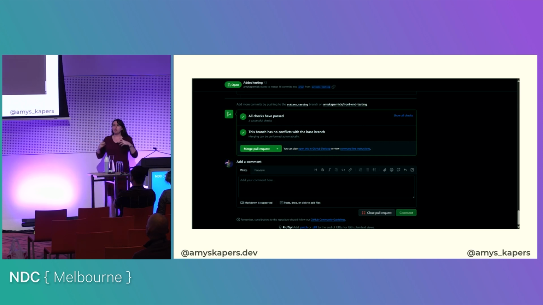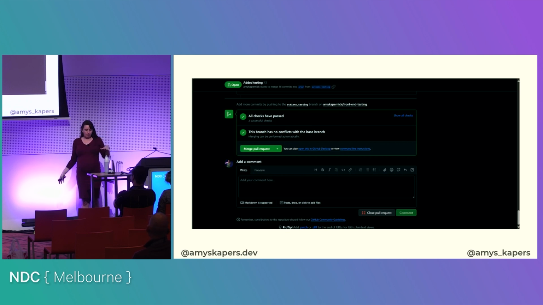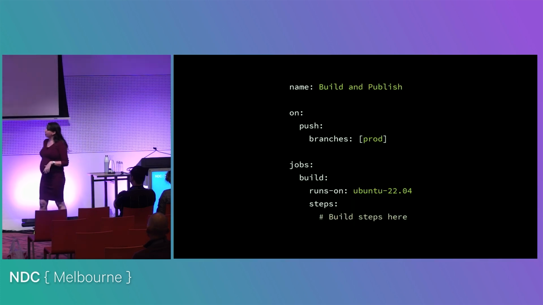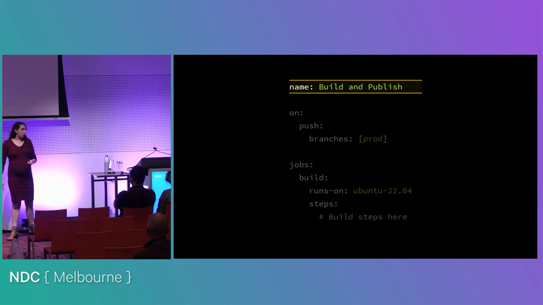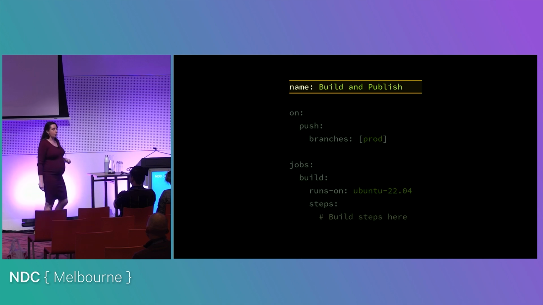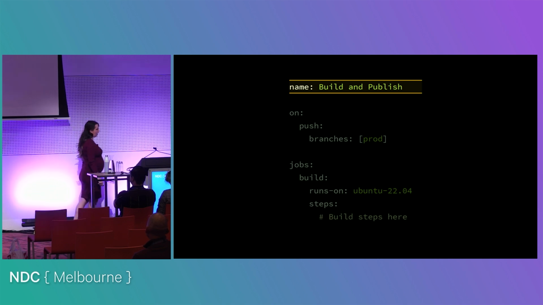But nothing's going to happen. So we're currently building the website, checking that it's all good, but I need to deploy it. So I'm going to create a new GitHub Actions workflow. I'm going to call it build and publish, because this is when we're going to build the website and publish it, make it live.